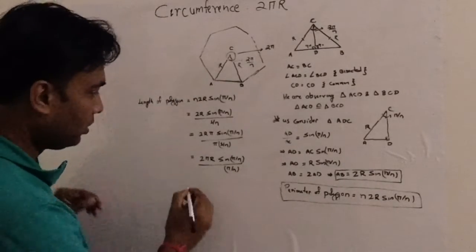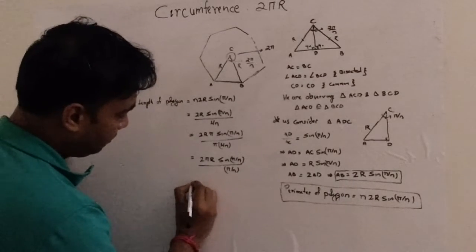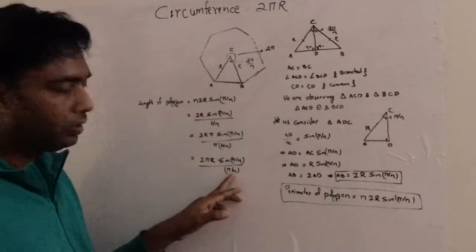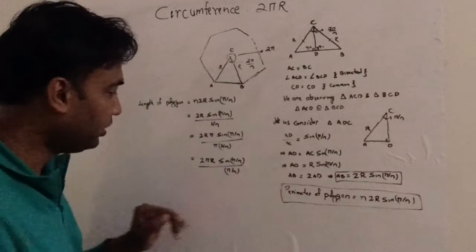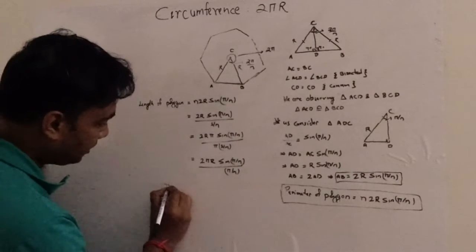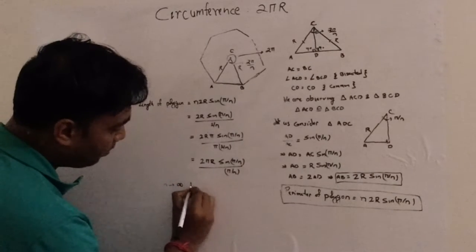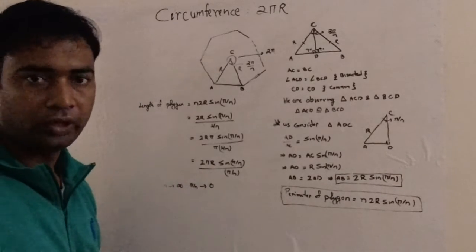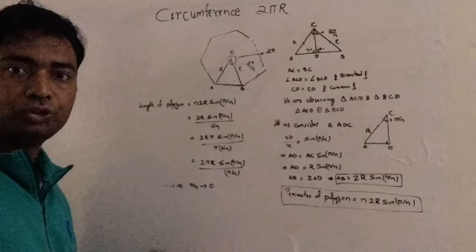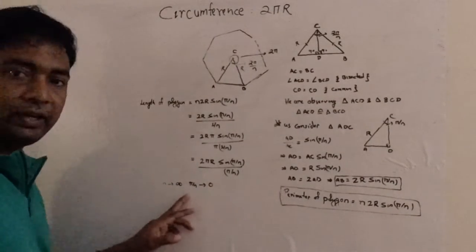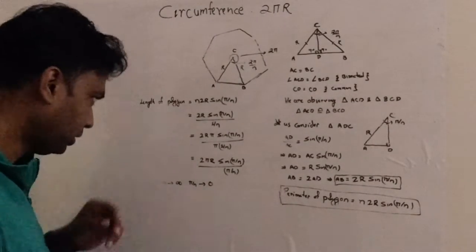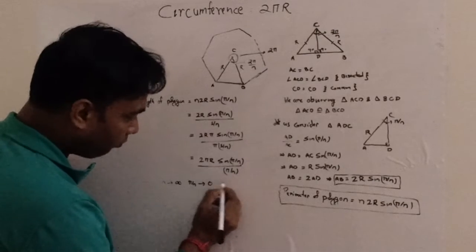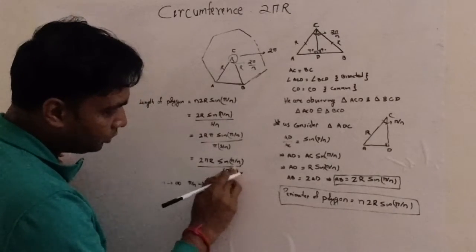Right? Now we can see here that as n approaches infinity, pi over n will approach 0. It means this whole thing will approach 0.